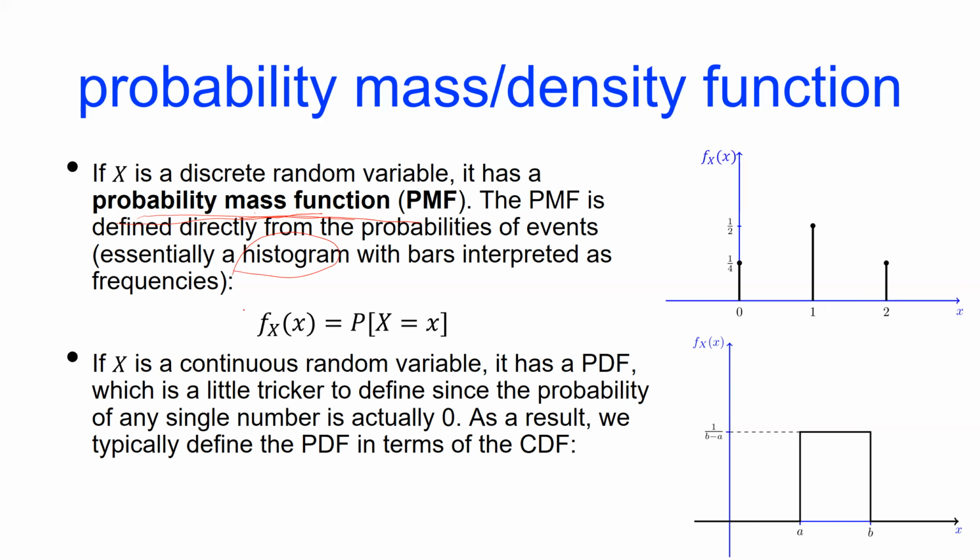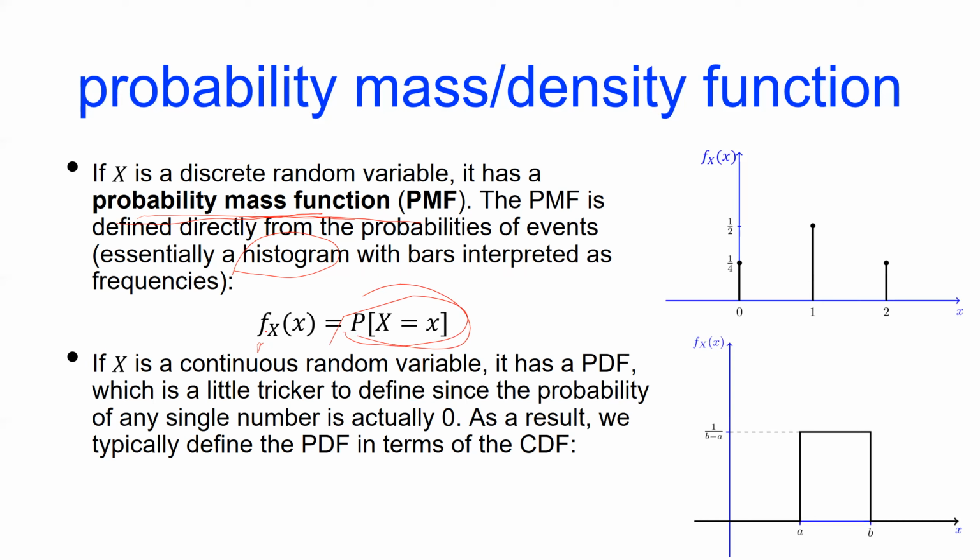So when you have a discrete case, we can start to ask what's the probability when your random variable equals a particular value. So we can start to ask this.